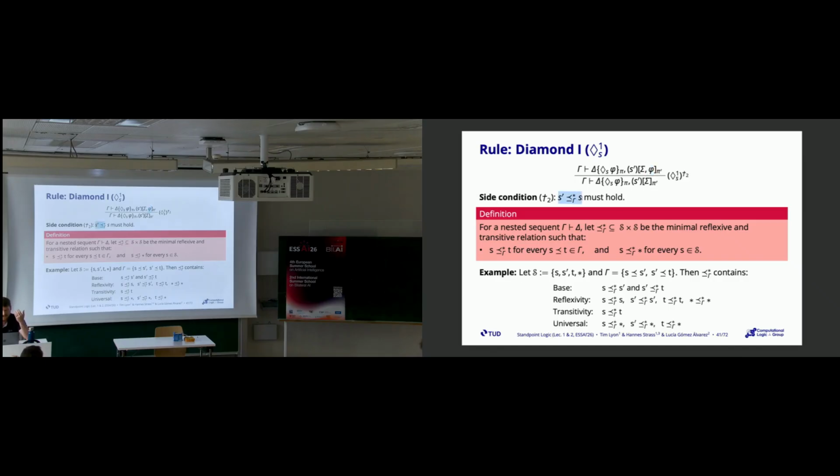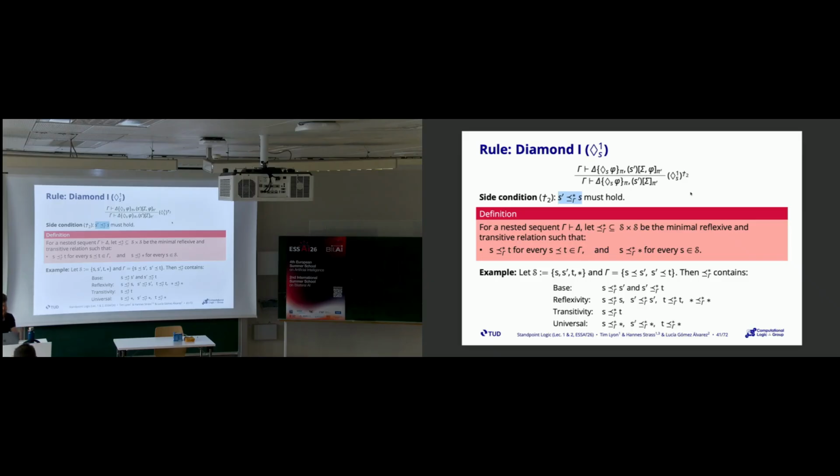So what is this side condition that is imposed on this diamond rule? What this side condition does is it takes the antecedent of our nested sequent. Note that up until this point, none of the rules that I've introduced have relied on any of the information in the antecedent, the sharpening statements. This rule does make use of this information.